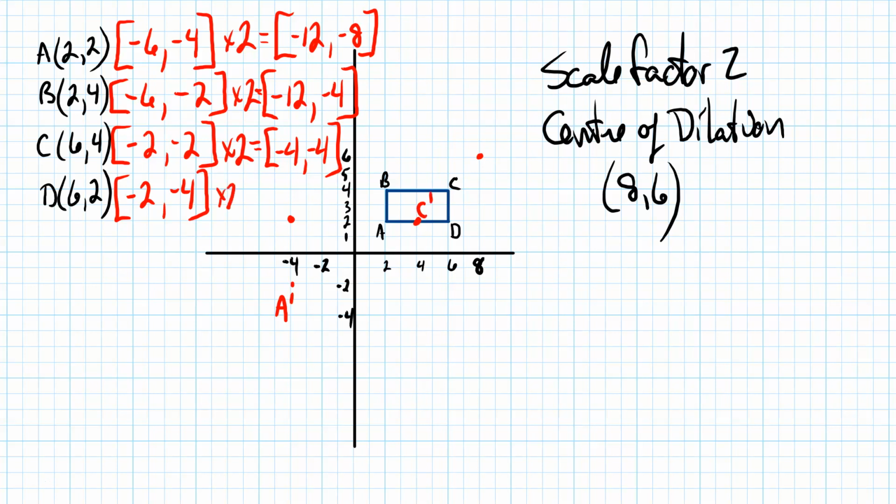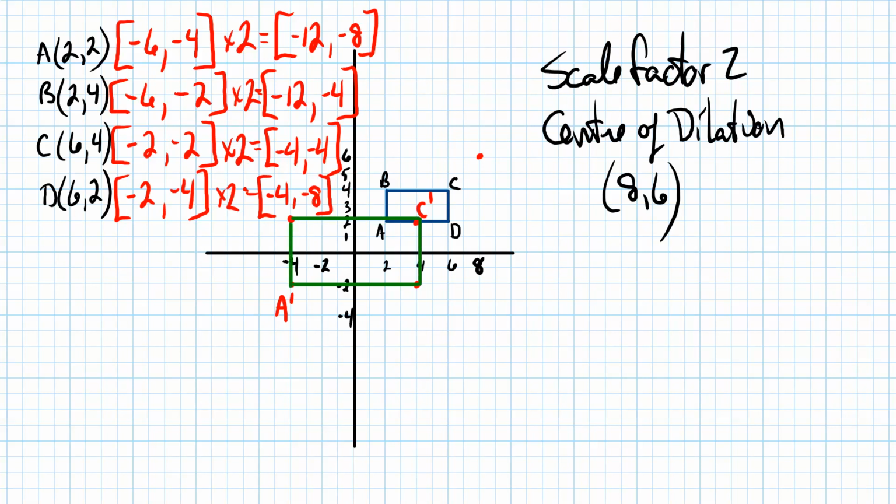And D prime we'll get by multiplying the D vector times 2, which is negative 4, negative 8. And we join those points up to get the vertices of our new image.